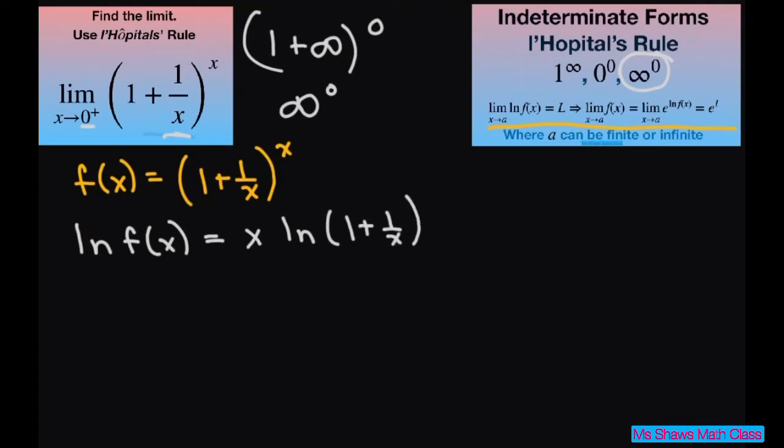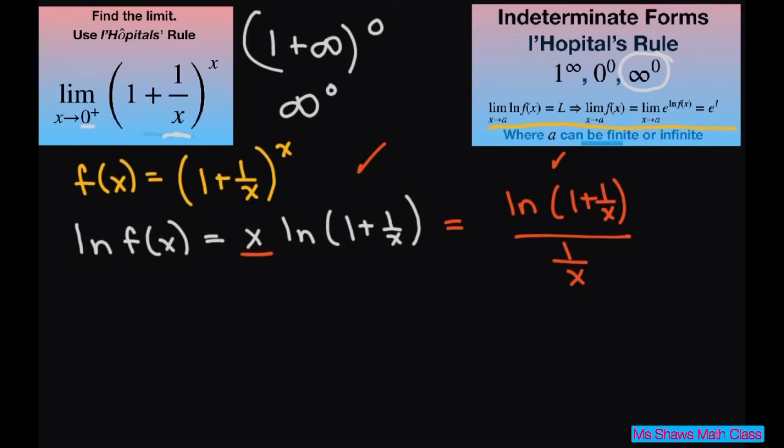All right. Now to write it in a form so we can use L'Hopital's rule, we're going to write this as ln of 1 + 1/x, and then rewrite this as 1 divided by x. These two expressions are equivalent.